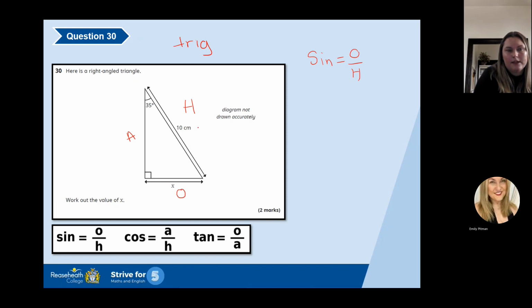So you're just simply seeing what you've got, what you're looking for, and which one it matches up with. So we want to work out the value of x. So in the calculator, we pop it in, sin or sine, whatever you want to call it, 35, which is the angle. Sorry, we don't pop that in the calculator. I'm just going to write it out.